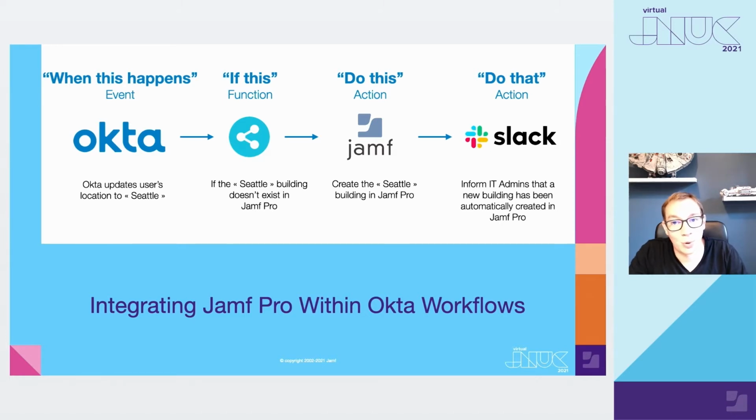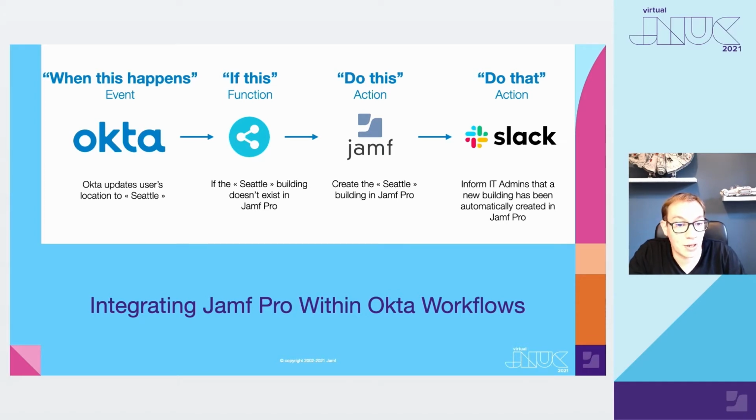Now let's explore the possibilities offered by this new connector. A quick first example is what I call just-in-time department provisioning. On this slide, you can see that we have a trigger event on Okta's side. A user profile has been updated and the user has been moved to the Seattle location, and it will trigger an Okta workflow with an if-then function.